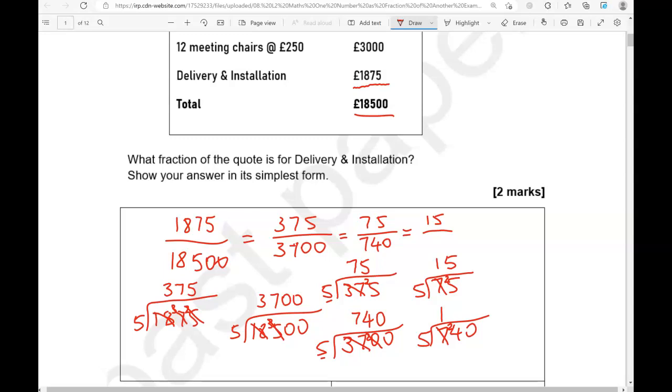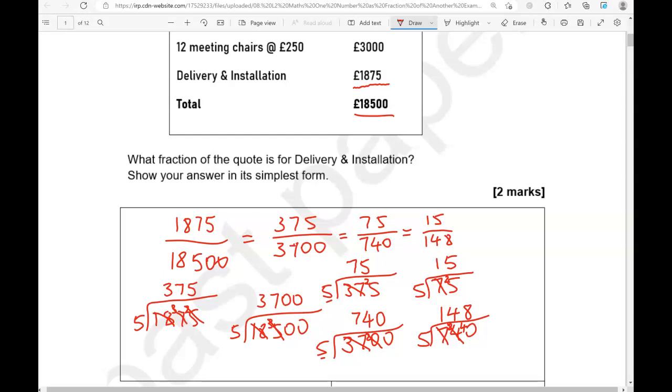How many 5s into 24? That is 4. We can't fit 5. So we have 4 remaining, because 4 times 5 is 20. So 24, take away 20 gives us 4. How many 5s into 40? That is 8. So 148.